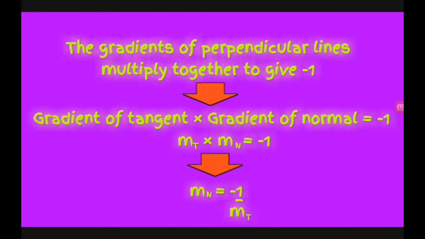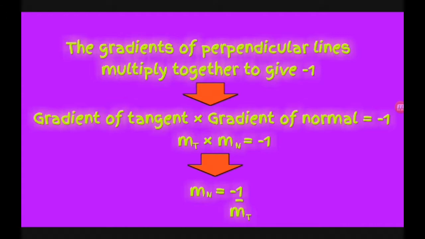The first thing we need to remember is that when two lines are perpendicular, they meet at right angles and their gradients multiplied together give us -1. So the gradient of the tangent times the gradient of the normal is equal to -1.